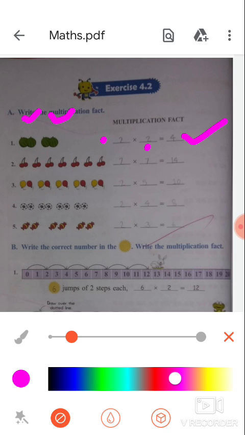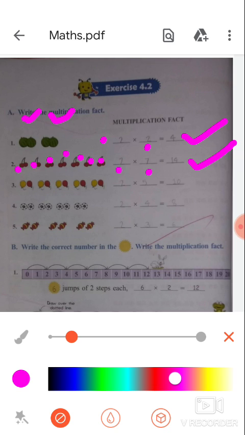Now in the next, there are 7 groups of 2 cherries. 1, 2, 3, 4, 5, 6 and 7. It means 2 multiplied by 7 equals 14. So there are a total of 14 cherries.